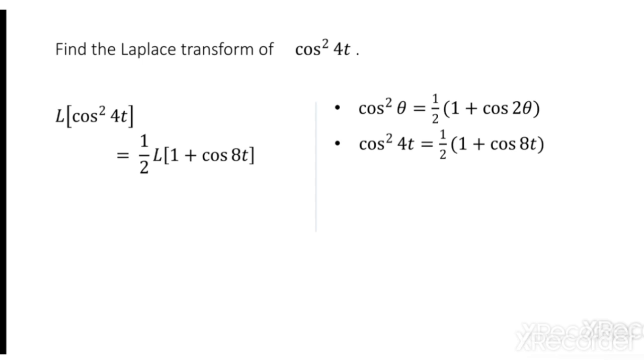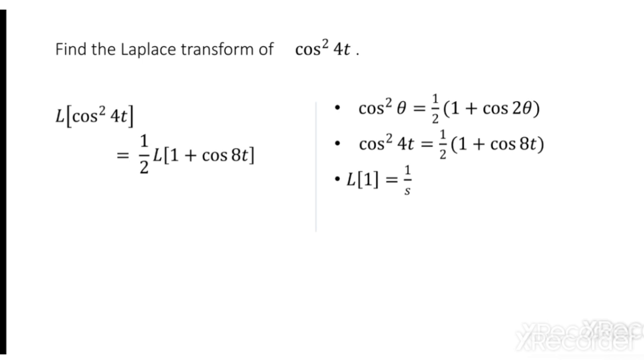So Laplace transform of cos square 4t is 1 by 2, which is anyhow constant, you can take it out, Laplace transform of 1 plus cos 8t. So I need these results now. So Laplace transform of 1 plus cos 8t I can split up because it satisfies the linearity property. L of 1 plus L of cos 8t, split term by term, you can write the results.